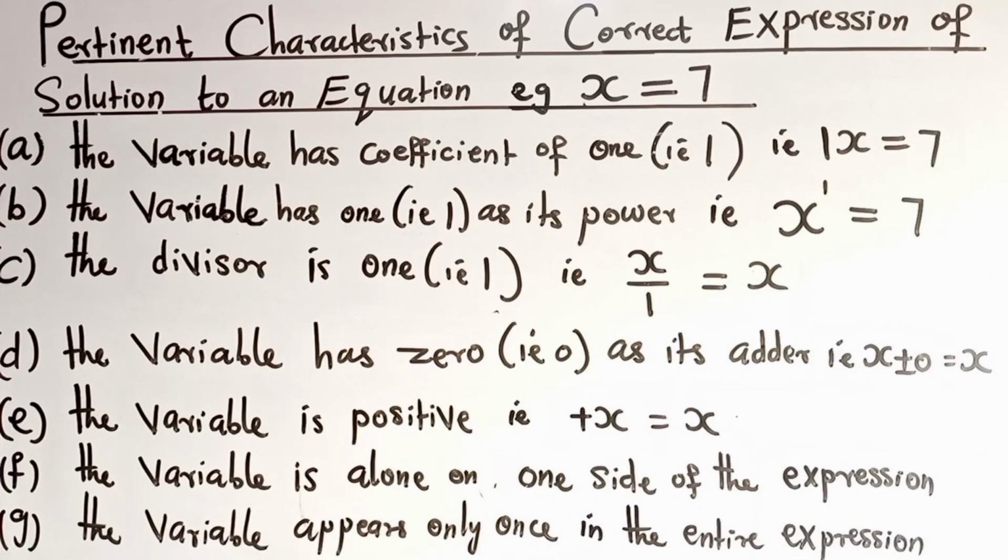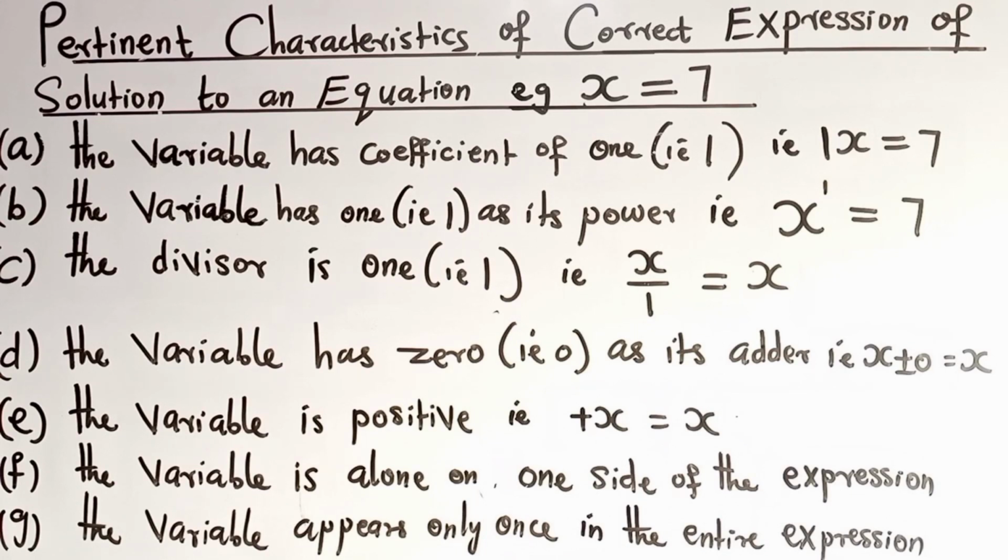Whatever you see, 1 is supposed to be in that position. That is why at the end, we learn that this 1x is equal to x, which means that 1 could have been placed here before this x, but that was not done. It was removed to save space.